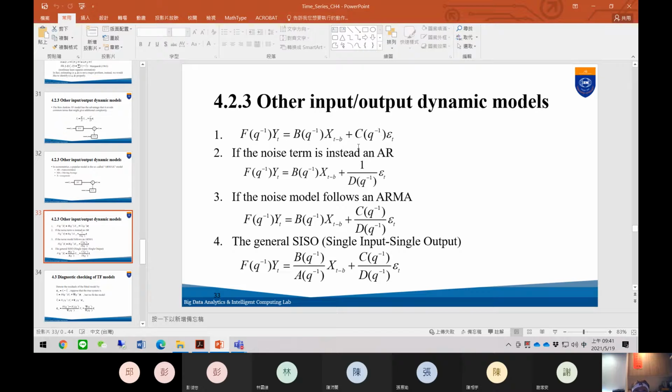Okay, there's no C. If the noise model follows an ARMA model, this is going to be C over D. If this is a general single input, single output model, we like to call it a SISO. So a single output, B over A, C over D. C over D is called a SISO process.